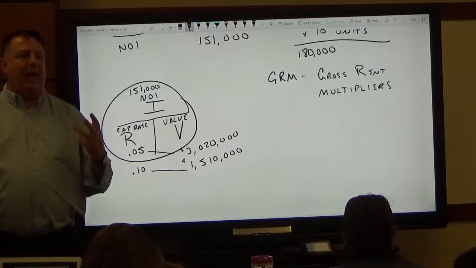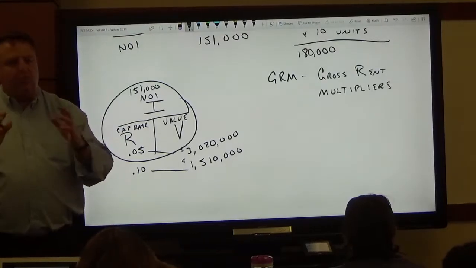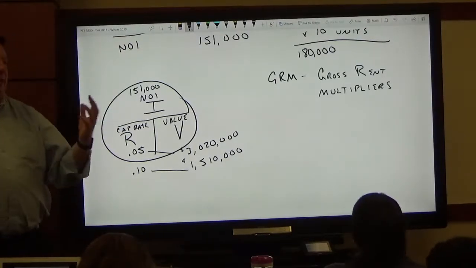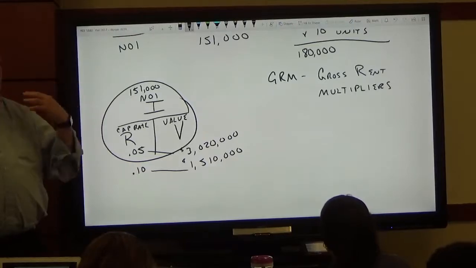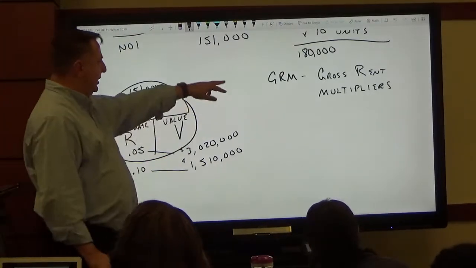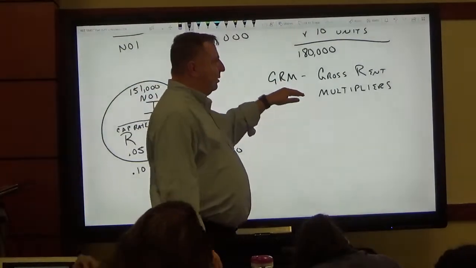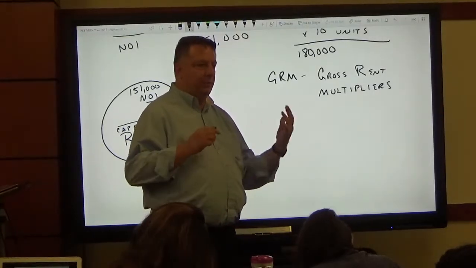But we still want to have some broad metrics that we can begin to use to look at what may be happening in the marketplace. Well, that's where the gross rent multiplier comes into effect.